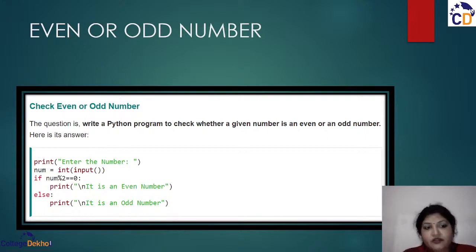If the value on the left-hand side is equal to the right-hand side, then we put a colon, because it is the syntax for using the if statement. Right? If it is true, then it goes to the next statement. If it is false, then we have the else part.